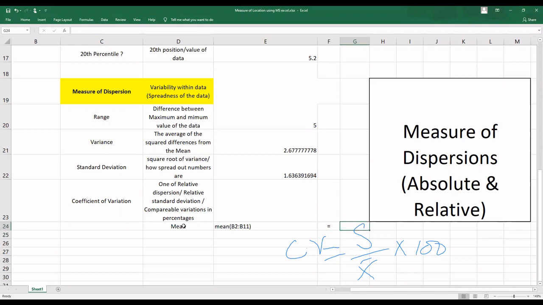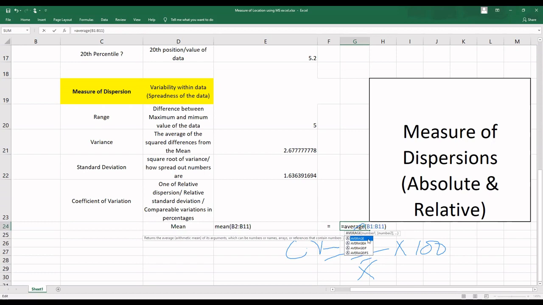Sorry, what is the mistake? The mean function is AVERAGE, really sorry.